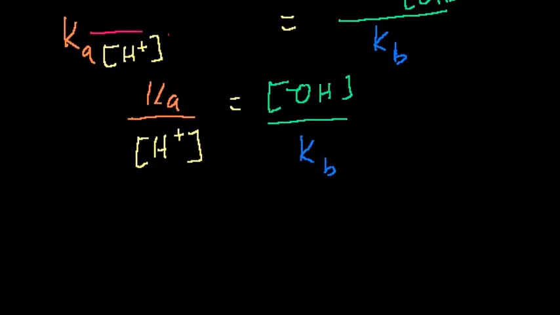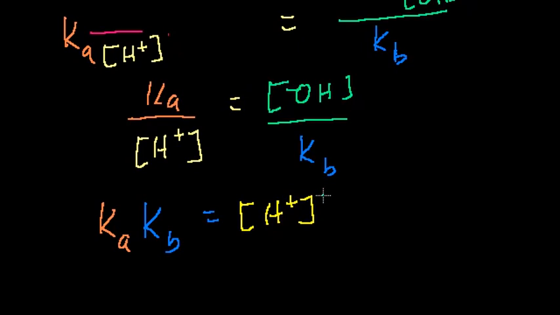So we get Ka times Kb is equal to our hydrogen concentration times our hydroxide concentration. Remember, this is all in an aqueous solution. What do we know about our hydrogen times our hydroxide concentration in an aqueous solution?